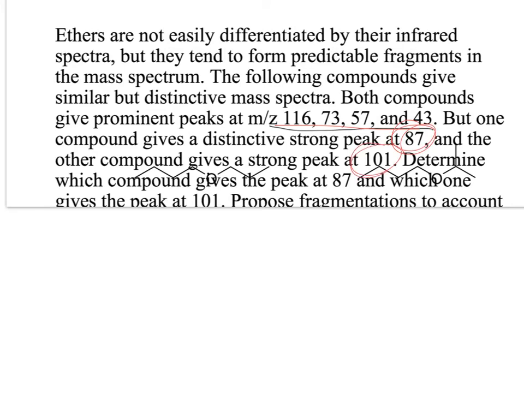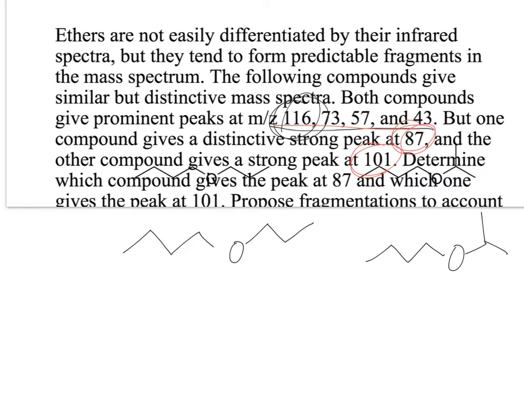Now let's draw these structures back where we can see them. You have them on your paper. And so let's look at that. The molecular weight of each of these isomers is 116. So that's why they both give 116.